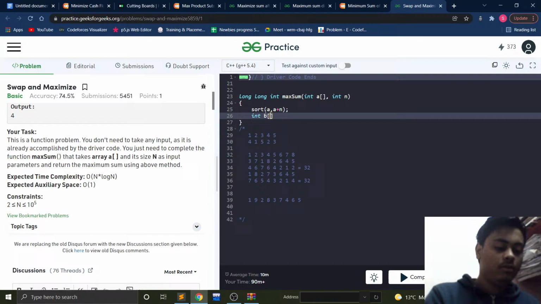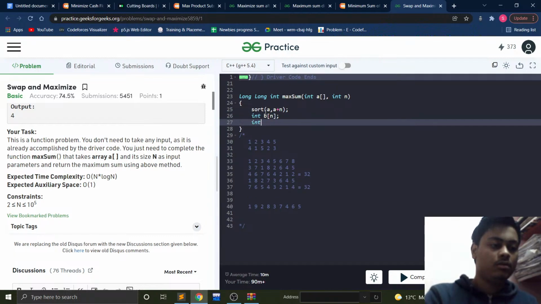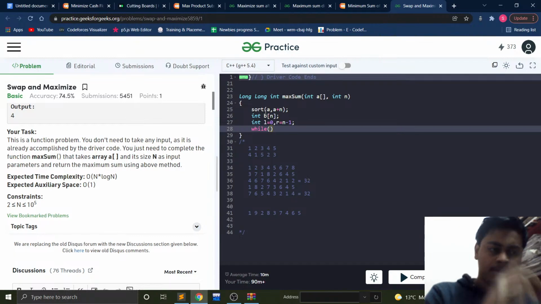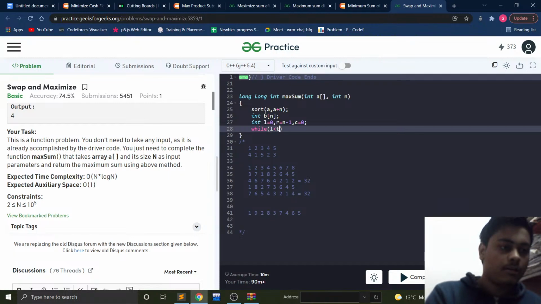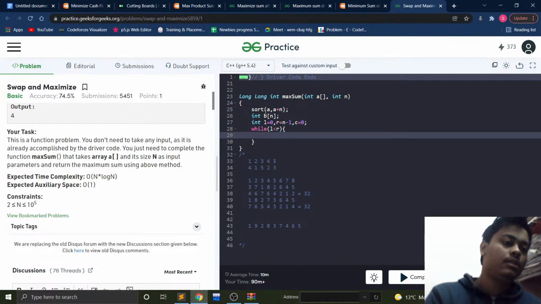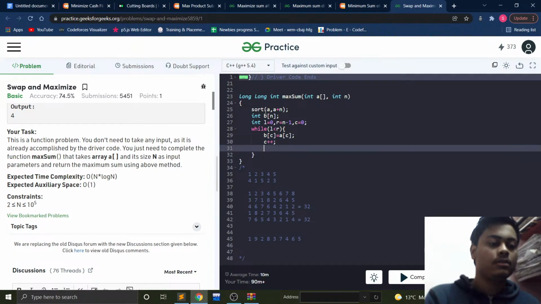Then int b of size n, l equal to 0, r equal to n minus 1, c equals 0, while l is less than r, b[c] is equal to a[l], then c plus plus.